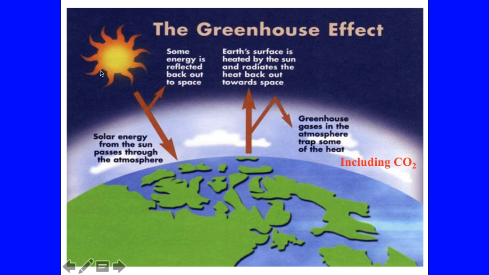So part of the heat that used to leave actually gets stuck in our atmosphere. That is what's leading to the higher temperatures you're seeing nowadays. We're having record highs in multiple locations.